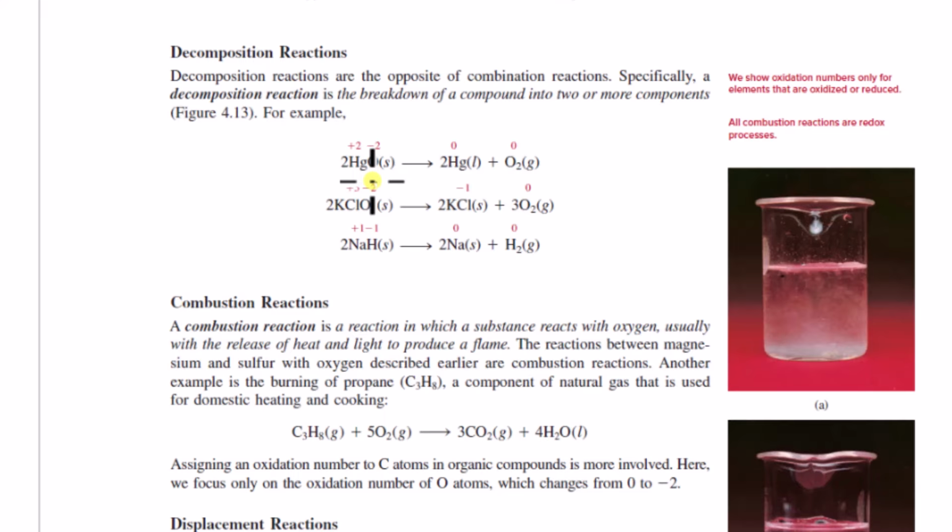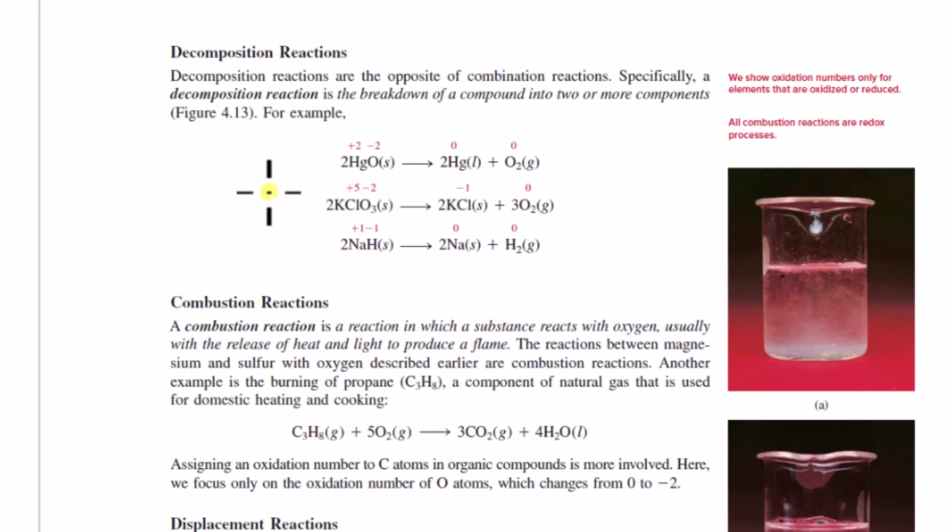And like it said, this is the opposite of combination in that you're starting on the reactant side with a combination reaction with 2 or more compounds, and all of those compounds are combining into a single compound on the product side.